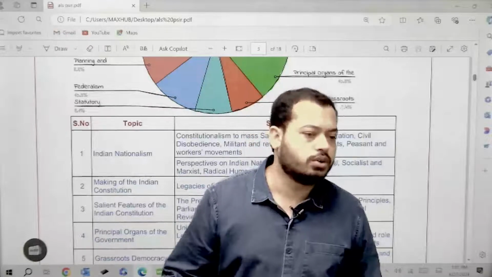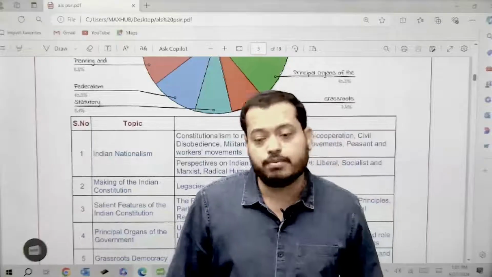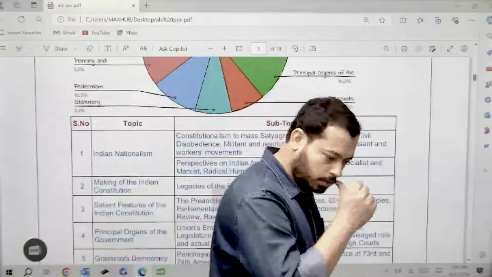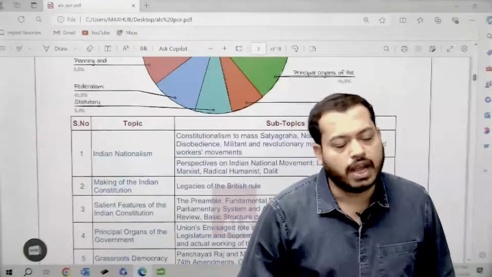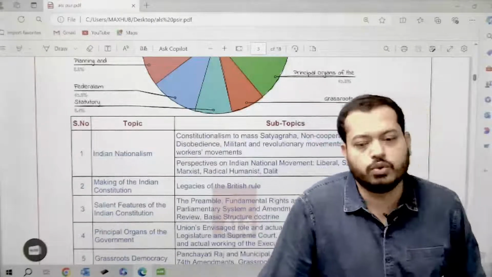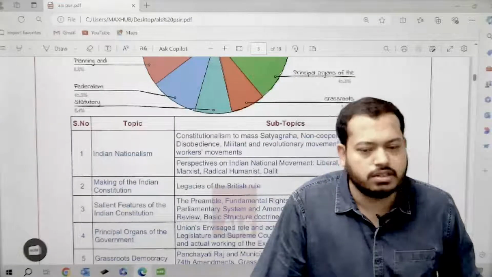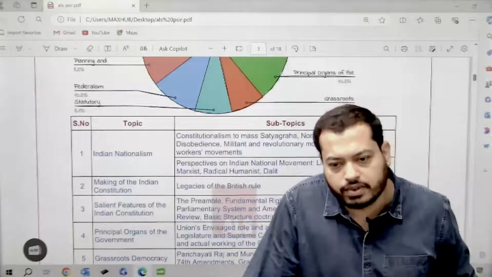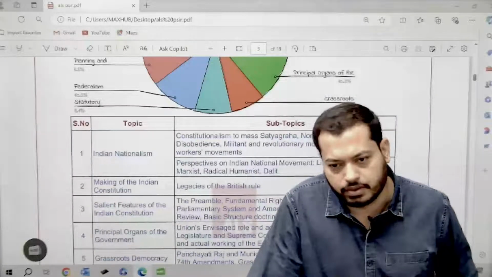All these things are taught in history itself. In the political science paper, there was a question in 2015 which stated: analyze whether the revolt of 1857 is a Sepoy Mutiny or the first war of independence.